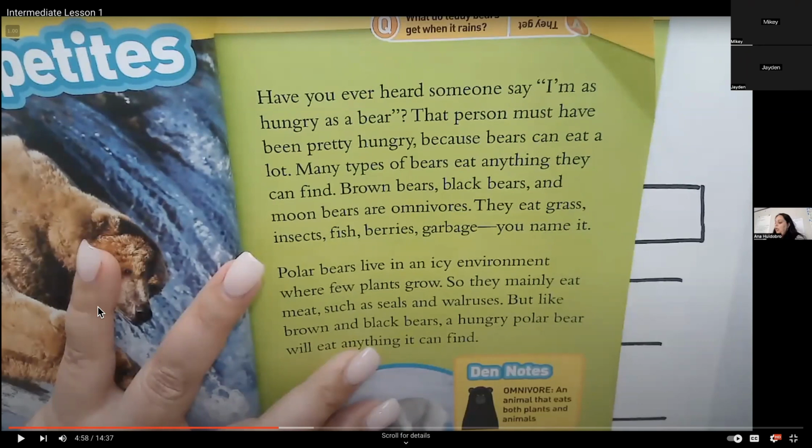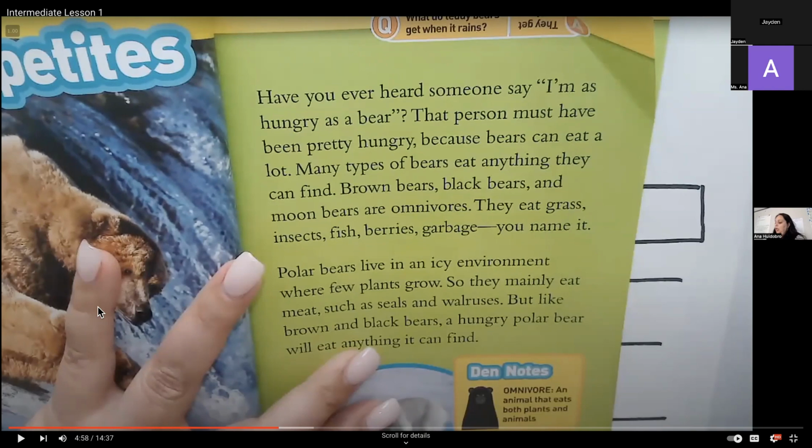Excellent. And can I have Jaden read the bottom portion, please? Polar bears live in an icy environment where few plants grow, so they mainly eat meat, such as seals and walruses.